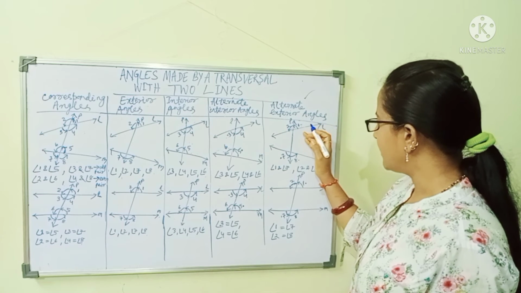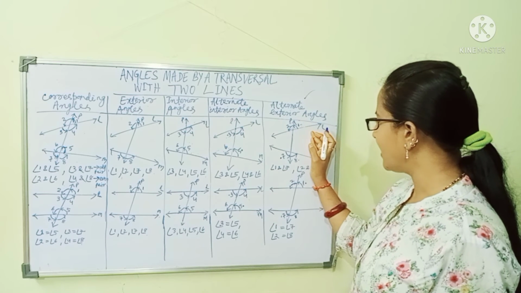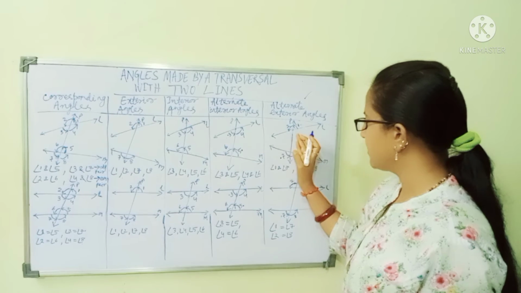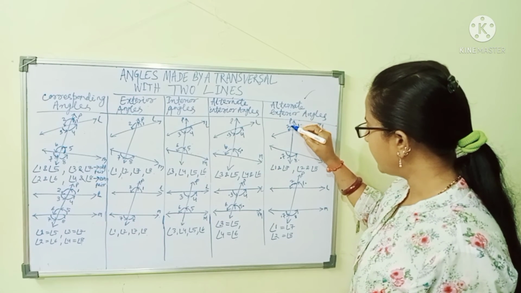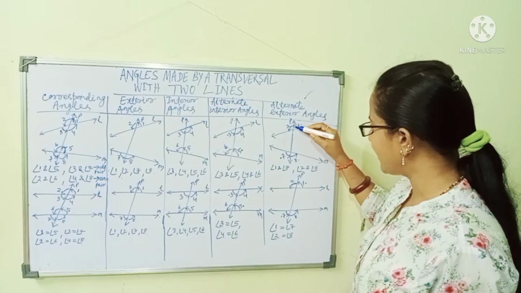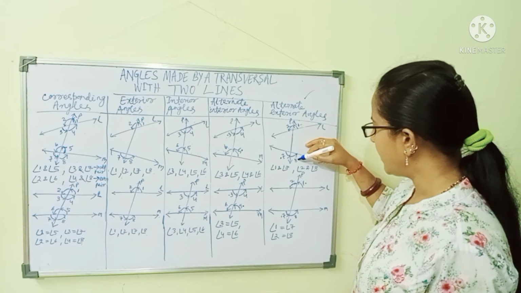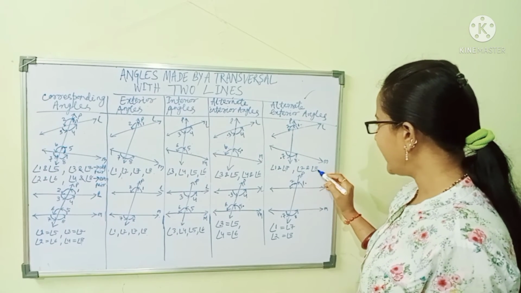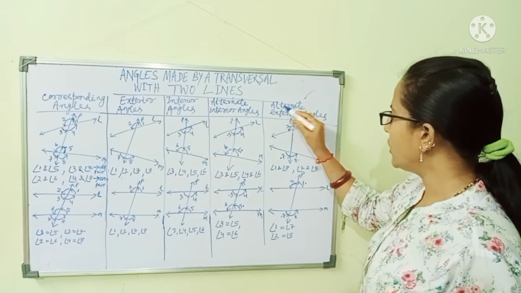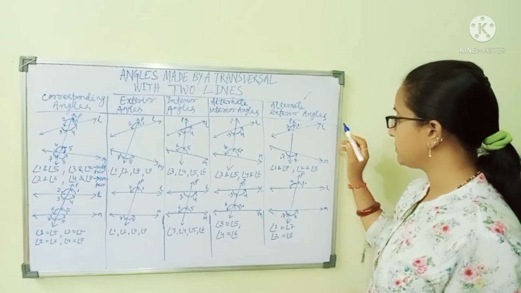So 1 is on one side of the transversal and 7 is on the other side. The second angle is on one side of the transversal and just opposite, the eighth angle is present. So 1 and 7, and 2 and 8 are the alternate exterior angles.